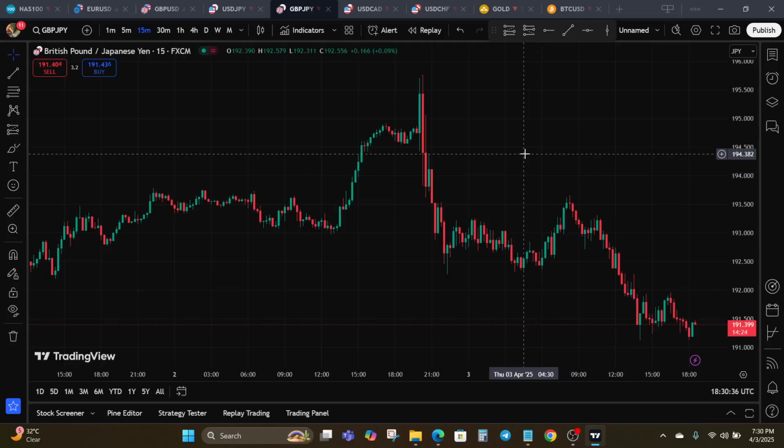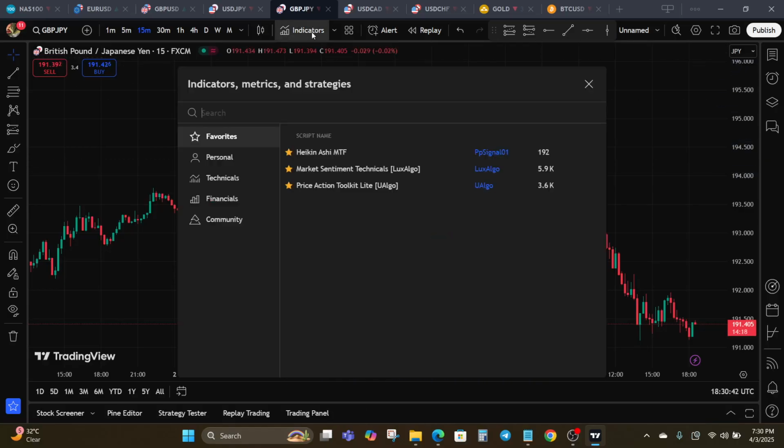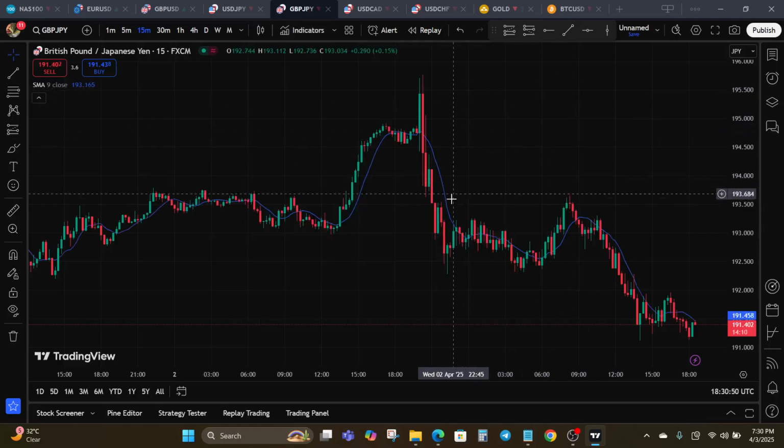Now, before we jump into the setup, let us quickly go over why this strategy is so effective. The simple moving average helps us identify the overall market trend by smoothing out price action. It tells us whether we should be looking for buys or sells.